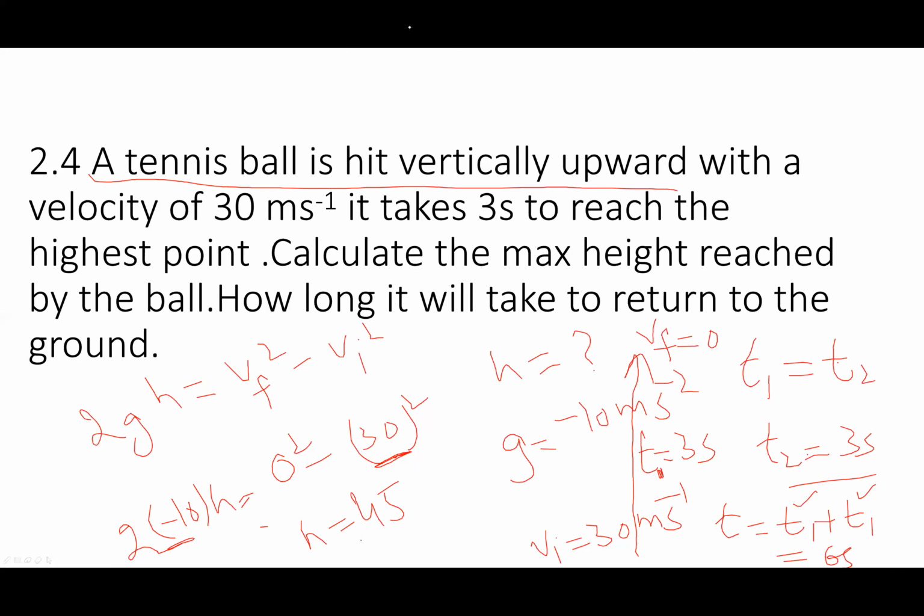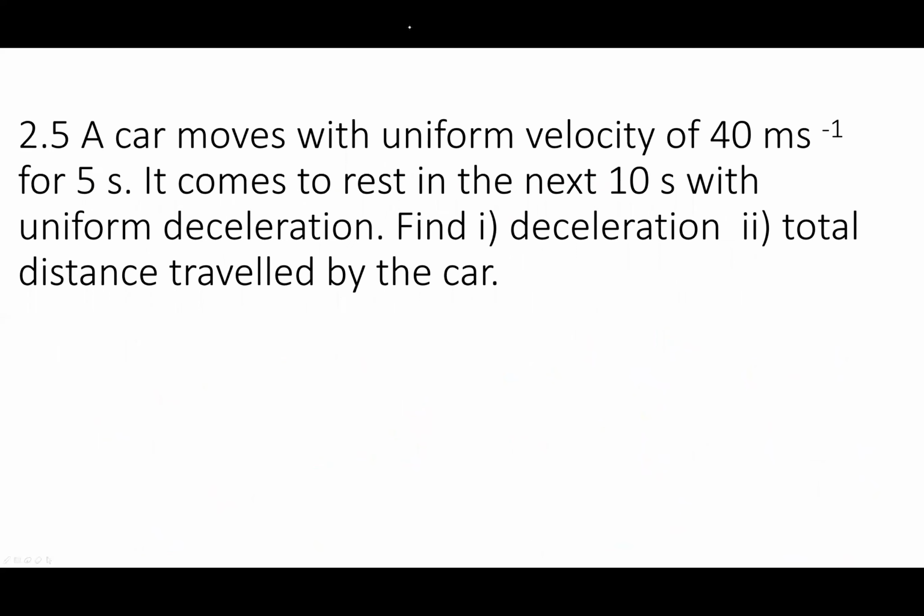Now, a car moves with uniform velocity of 40 meter per second for 5 seconds. Velocity is uniform, so the data: velocity is 40 meter per second for 5 seconds, time is equal to 5 seconds.